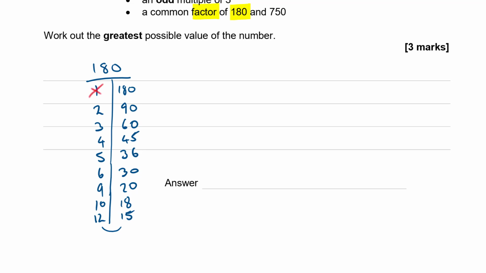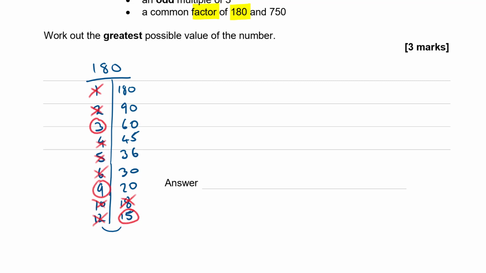So 1 isn't and 2 isn't. 3 is a multiple of 3, yeah, so that's a possibility. 4 isn't, 5 isn't, 6 is a multiple of 3, but it's an even multiple, so not that one. 9 works, 10, no. 12 is 3 times 4, it's an even multiple of 3, so not that one. 15, that's 3 times 5, that works. 18, that's 3 times 6, so no, that's an even multiple of 3.